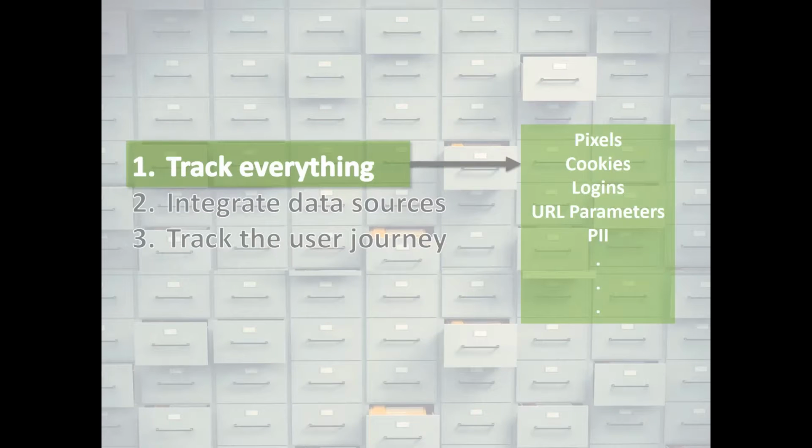So digging a little bit deeper into each of these high-level tasks, right? Tracking everything. So how are you going to track everything? This is the most essential starting point for any kind of attribution, right? If you're not tracking your data as accurately and as cleanly as you possibly can, you potentially can set yourself up for risk for drawing some of the wrong insights from the data that you're going to eventually be reporting on.